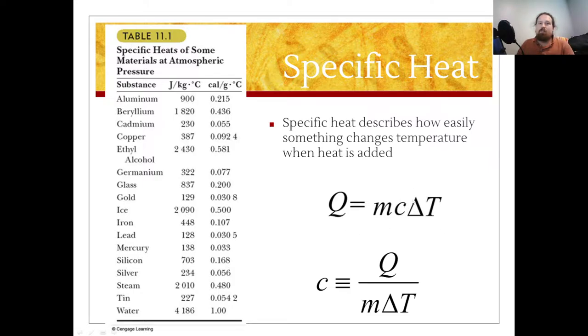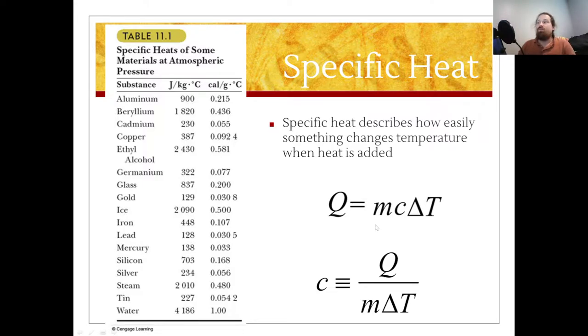The last part of this formula is this little C term here, and this is a new variable. There's going to be a lot of new variables each chapter. This is a new variable that is the specific heat capacity of a specific material.